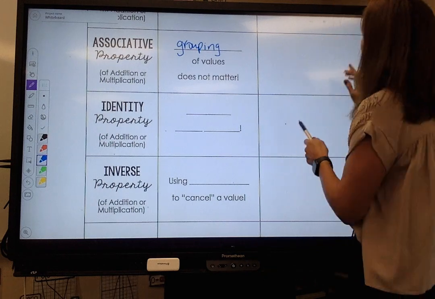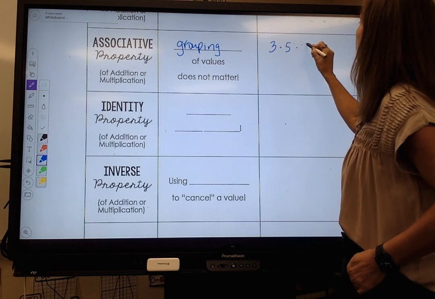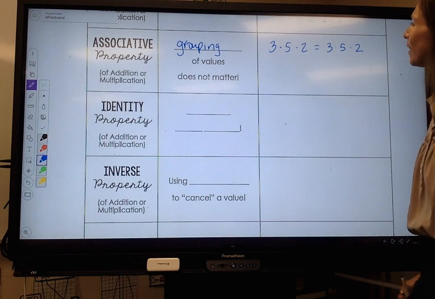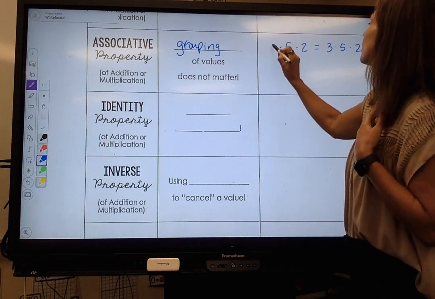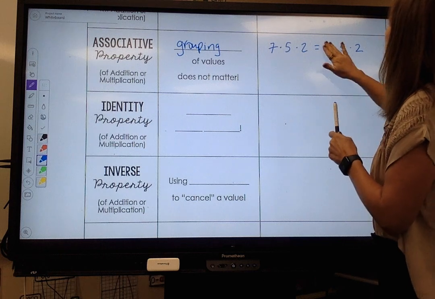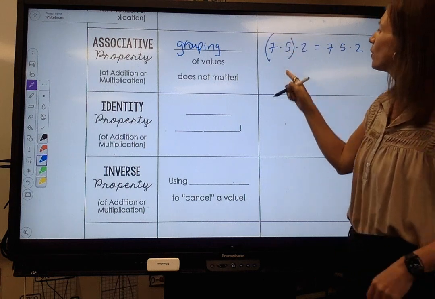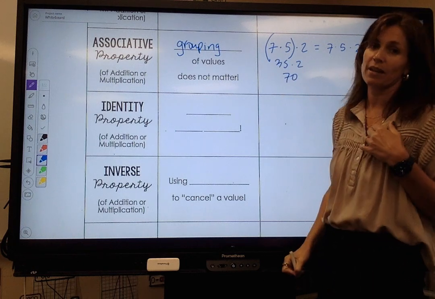We also have the associative property of multiplication. Now look, let's change this to 7. 7's good. All right. So if I did 35 times 2, that is 70.